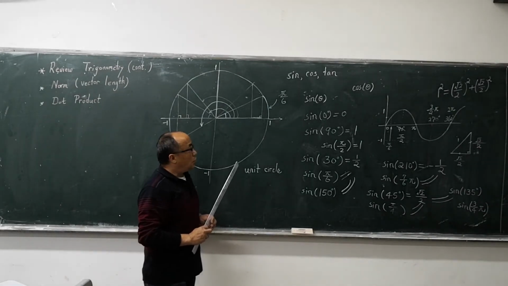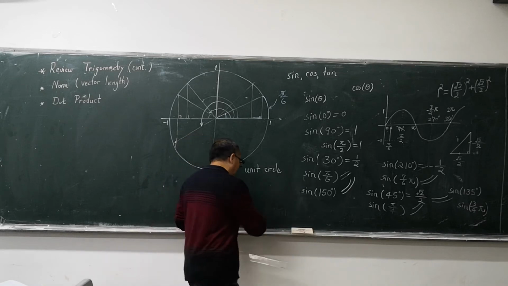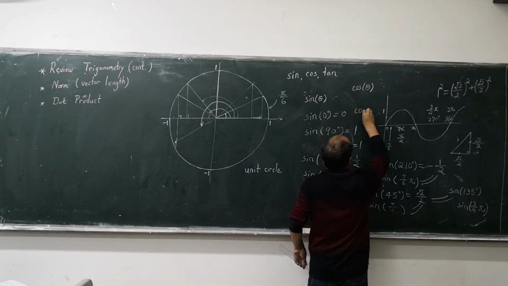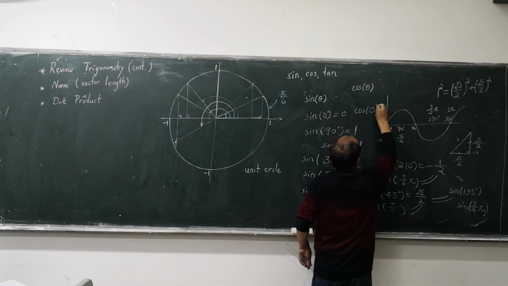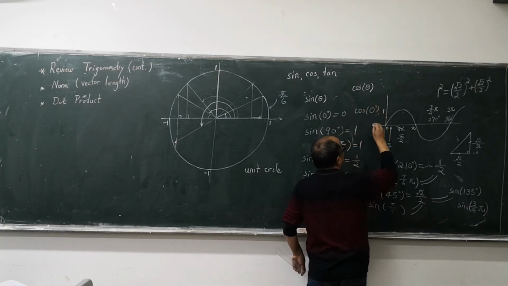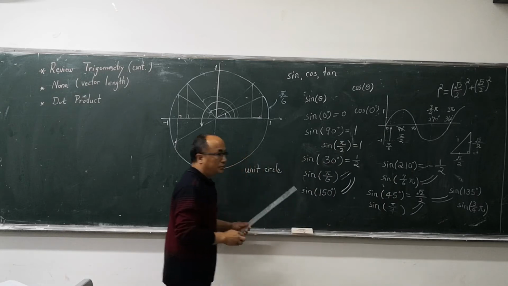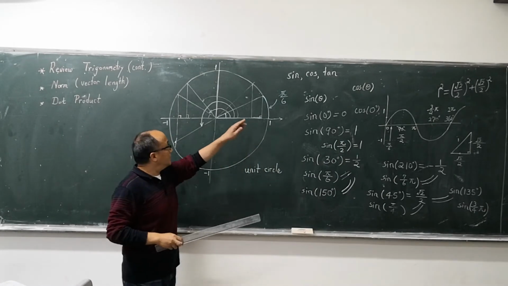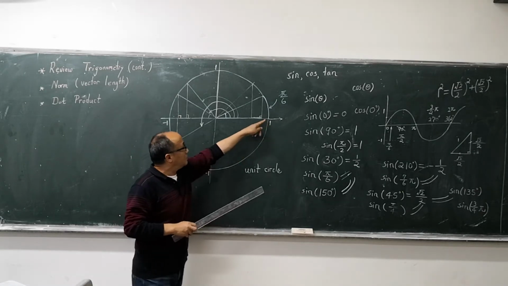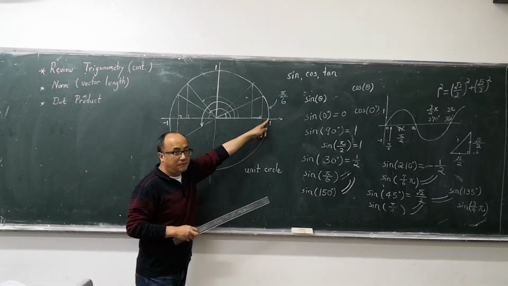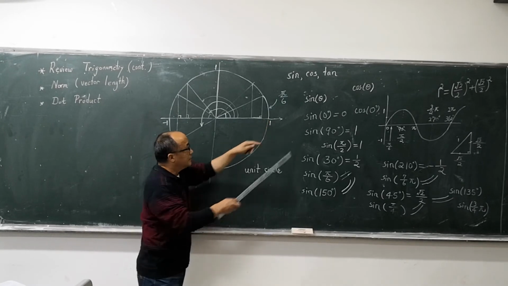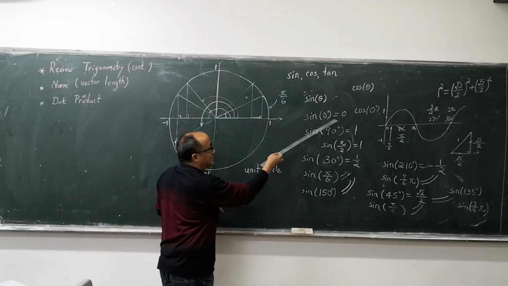Now, what is cosine 0? You tell me, what is cosine of 0 degrees? 1. Yes, 1. The movie screen is at the furthest point. This is 0 for sine.